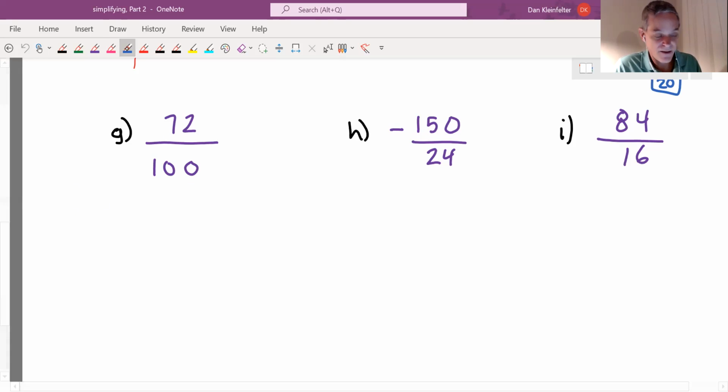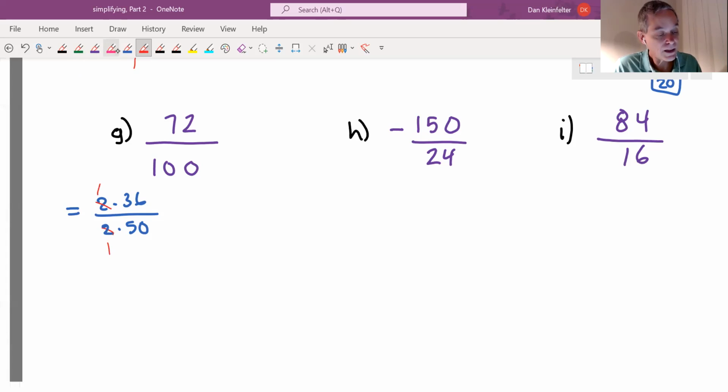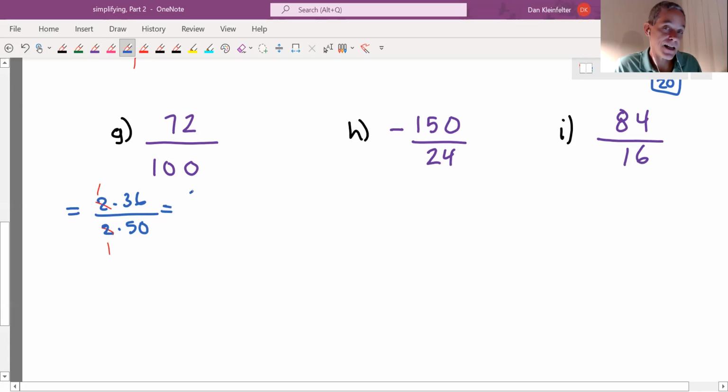I'm going to do it as if we didn't see that, just because. So 72 is 2 times 36, and then 100 is 2 times 50. So we can divide out that factor of 2 in both the numerator and denominator. That will leave us 36/50.